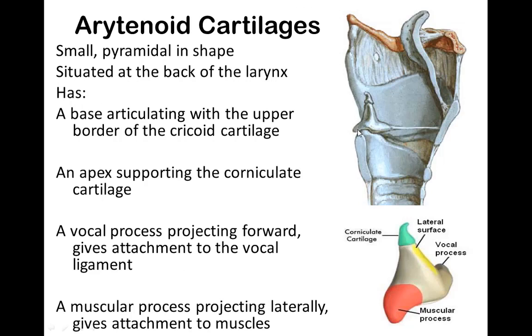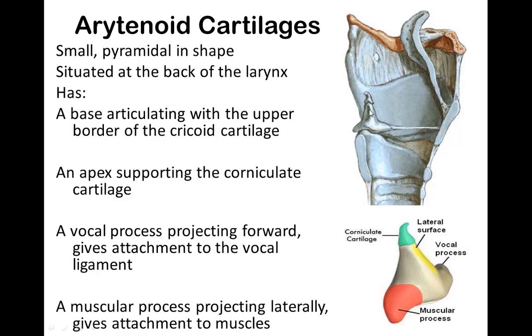This small cartilage is the arytenoid cartilage. As you can see, it is pyramidal in shape. It's situated in the back of the larynx and articulates with the upper border of the posterior cricoid. Here in the posterior border of the cricoid, the arytenoid articulates.